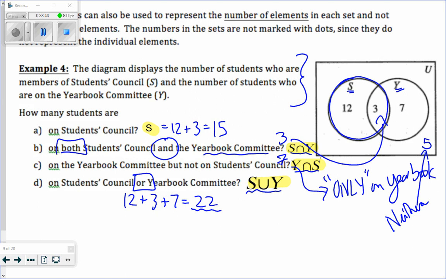I'd say, which kids are on student council or yearbook. You would understand that student council or yearbook means one or the other or both, right? You don't need to realize that it's union and intersect. So when we bring context into this, the questions actually get way easier because they're worded in a way that makes sense.